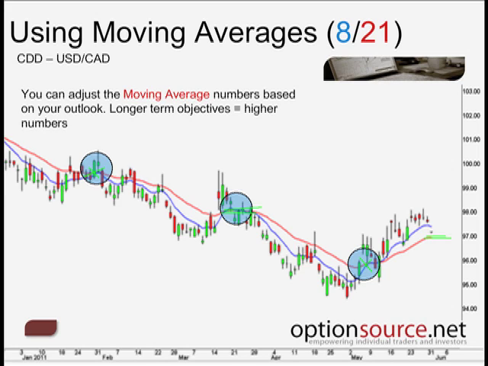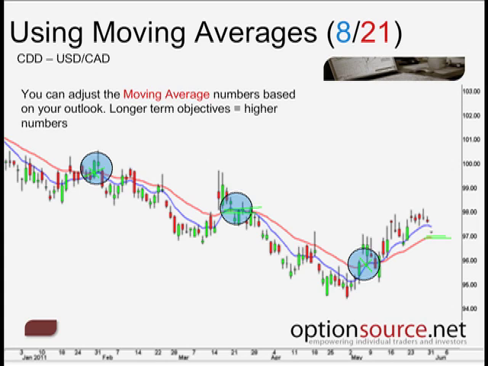Now, if we're looking at this particular chart from a very near-term perspective, all we're going to be hearing on the news is, wow, huge sell-off for the U.S. dollar against the Canadian dollar, and what does this mean? Is this a complete reversal in trend?